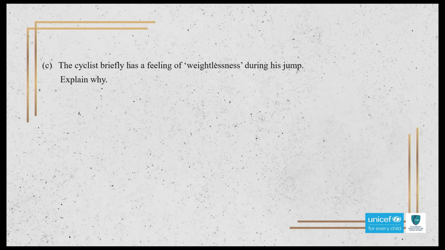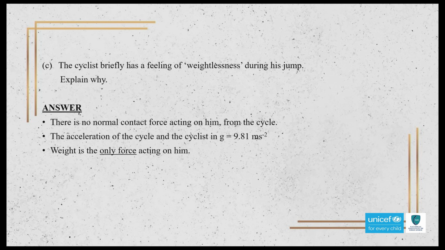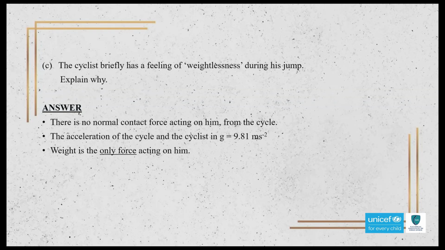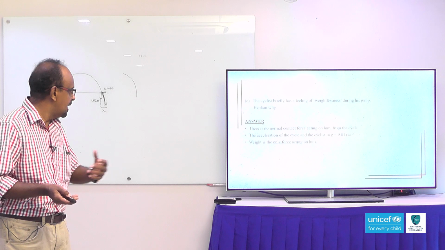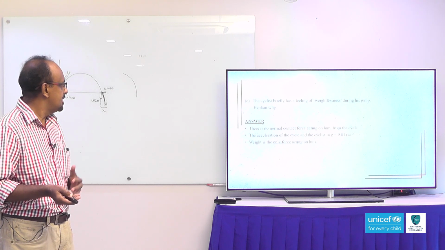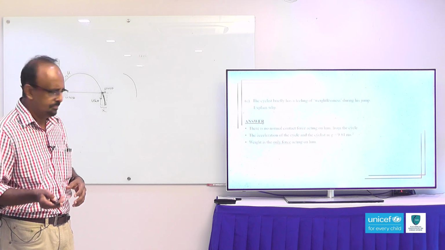So, therefore, no normal contact force. There is no normal contact force acting on him from the cycle, the acceleration of the cycle and cyclist is the same value. So, no contact means only a single force is acting on the cyclist, that is his weight. So, he will be under free fall and he feels weightless.